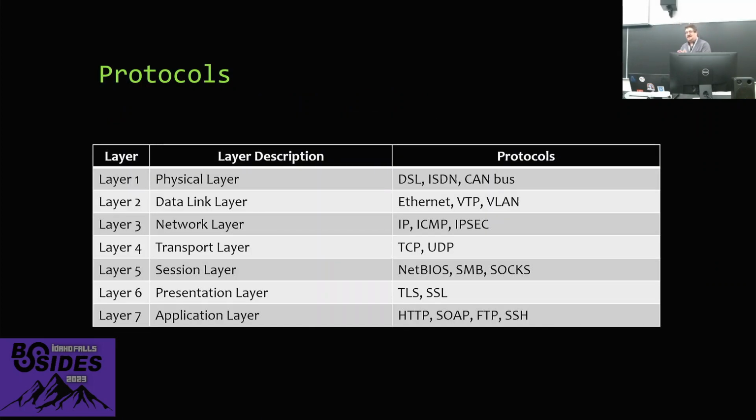If you're not familiar with the OSI stack, hopefully you are, but it basically goes from your physical layer, which is your network cable that you're plugging in, all the way up to the application, something like your web browser that's showing something to you on the screen. There are different protocols for each layer, and sometimes you'll encapsulate following layers in there. For HTTP, you'll have Ethernet, and then IP, and then TCP, and then HTTP, and then you may have more on top of that.